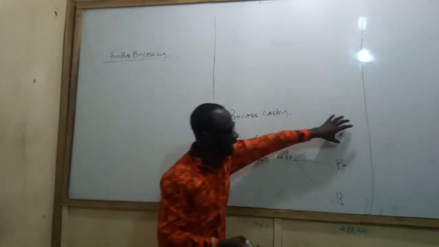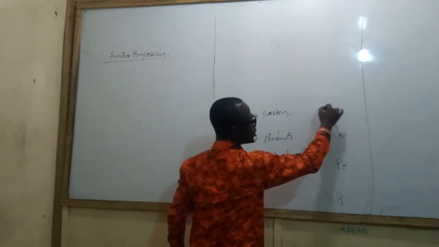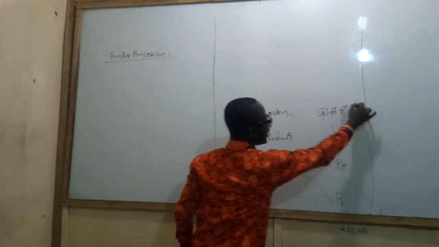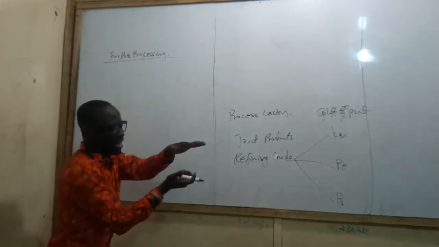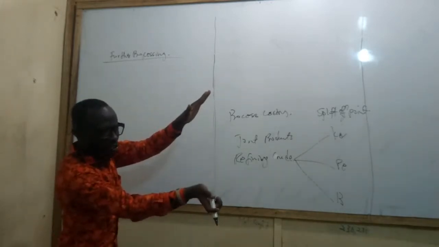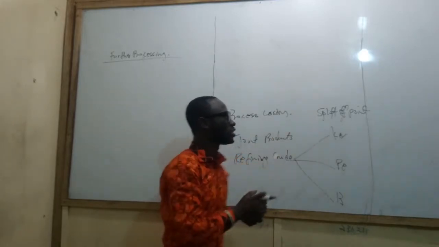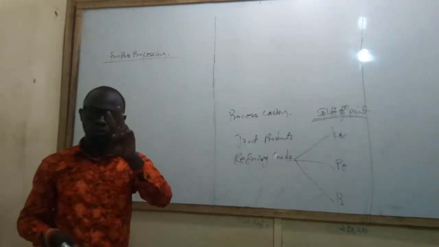When the products get to their separate items, we call it the split-off point. The split-off point is the point in the production process where the products are separated into individual products.